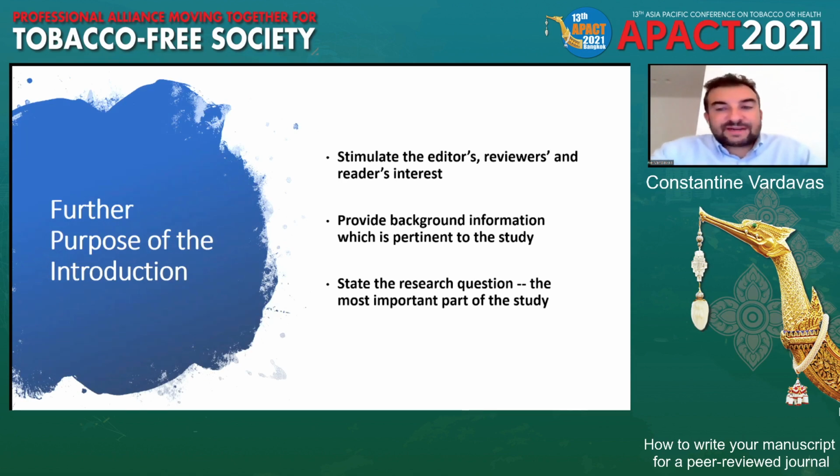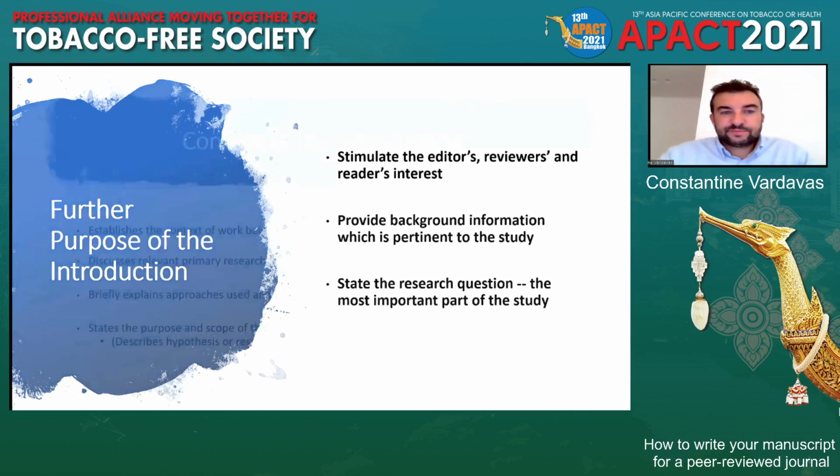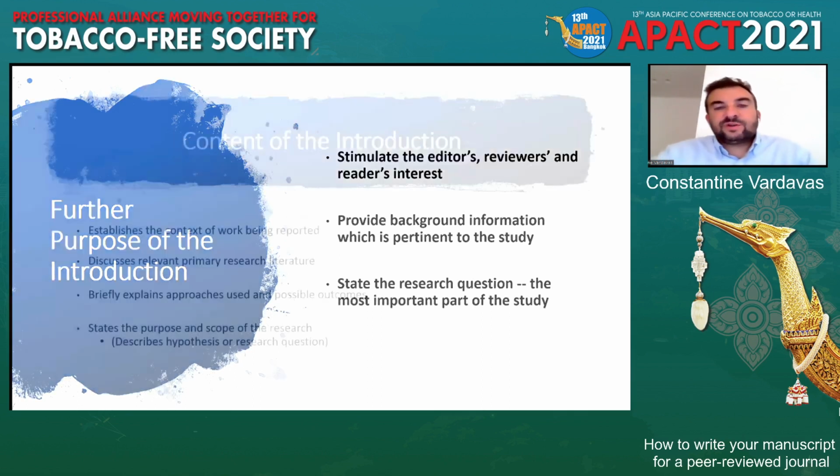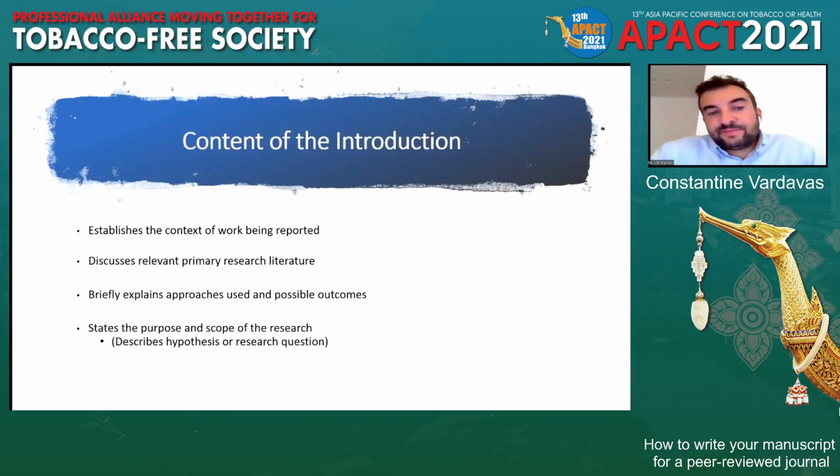It provides background information about the study and states the research question, which is the most important part of the study. What is your research question, your research hypothesis, which we'll talk about. The content of the introduction establishes the context, the setting of the work being reported.